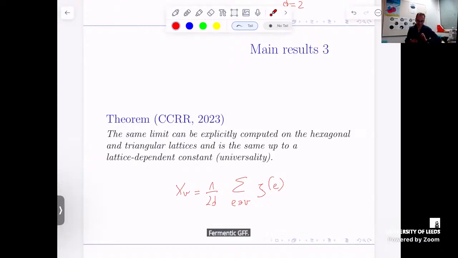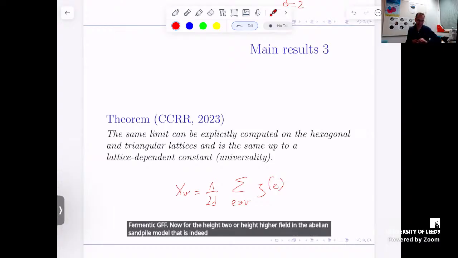Now, for the height 2 or higher field in the abelian sandpile model, there is this exciting conjecture, one of the most concrete conjectures, I think, relating something to logarithmic conformal field theory. Yeah, I don't know what is fair to ask in that direction.